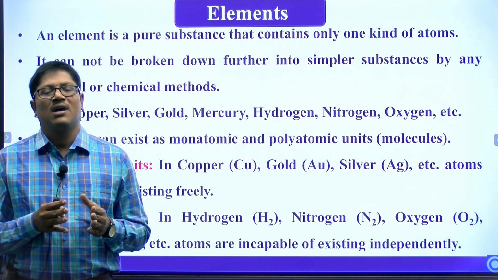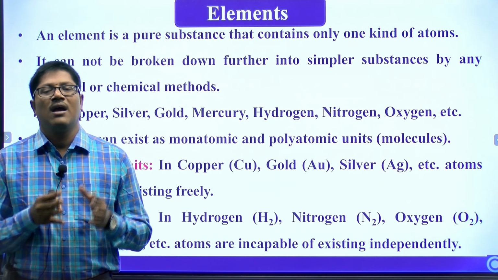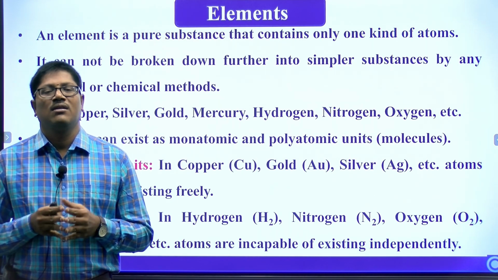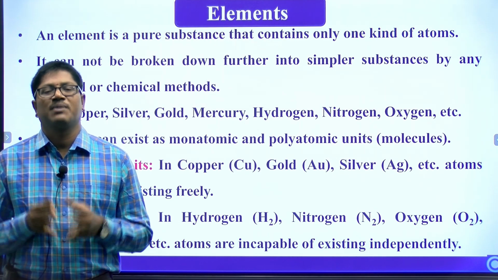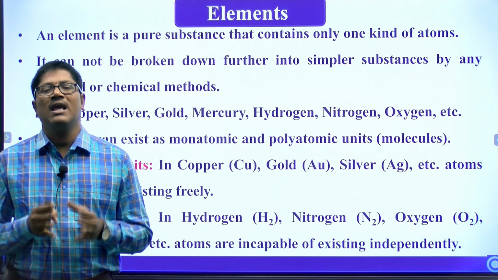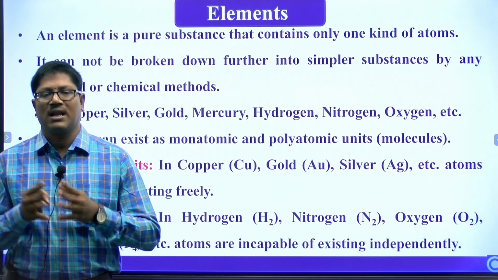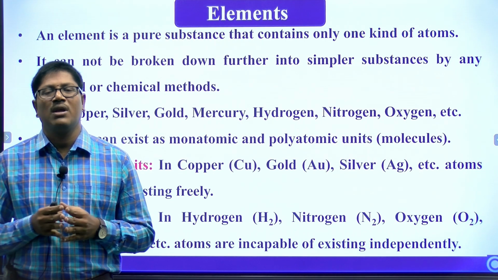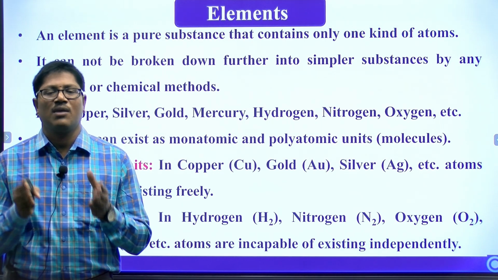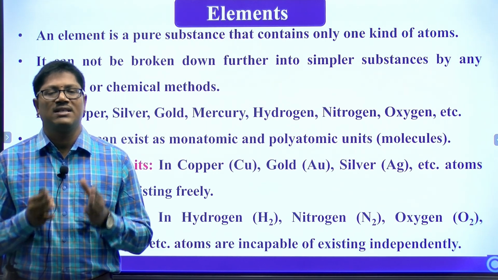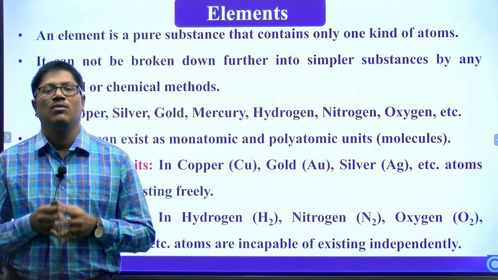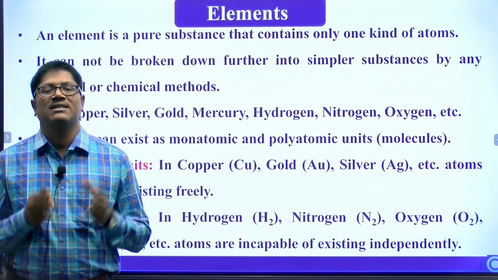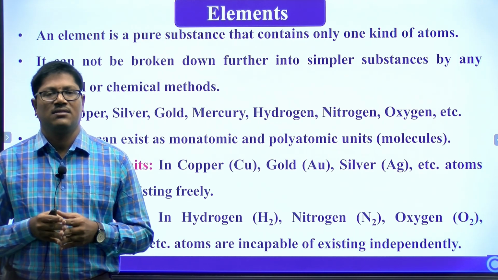But the atoms of some elements like hydrogen, oxygen, nitrogen, sulfur, phosphorus exist as polyatomic units or polyatomic clusters. Hydrogen exists as diatomic H2, oxygen exists as diatomic O2, nitrogen exists as diatomic N2, phosphorus exists as tetraatomic P4, and sulfur exists as S8.